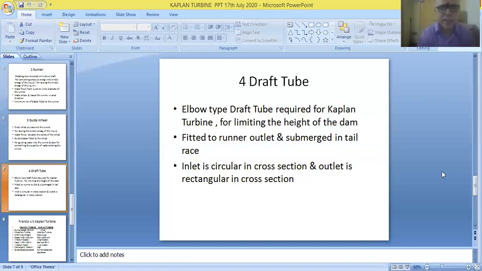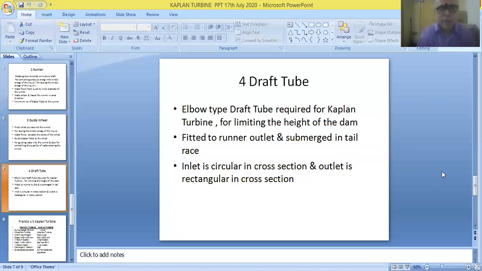And here in the case of KAPLAN turbine, a bent tube is very essential. The tube is bent in the form of an elbow, so it's called an elbow type draft tube. The inlet of the tube will be circular in cross section, that is fitted to the outlet of the runner.